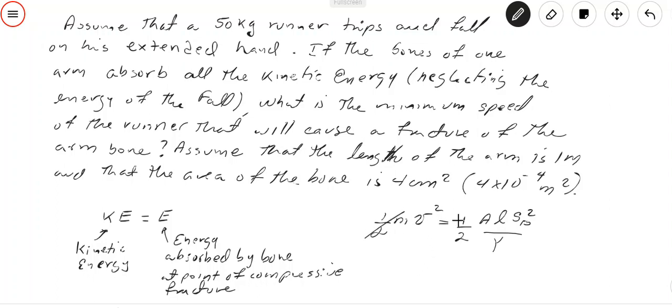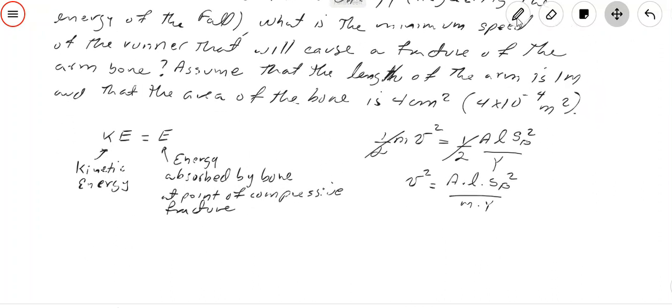So of course 1 over 2 and 1 over 2 cancel out here. So we have that v squared is equal to A times L times breaking stress of the bone squared over the mass times the modulus of Young.